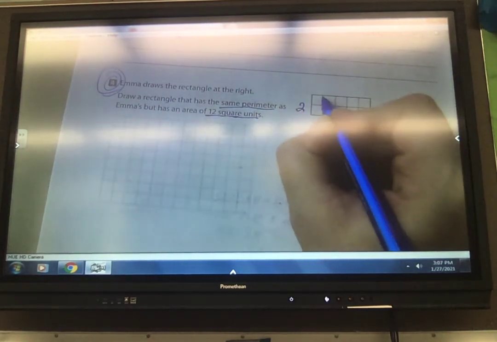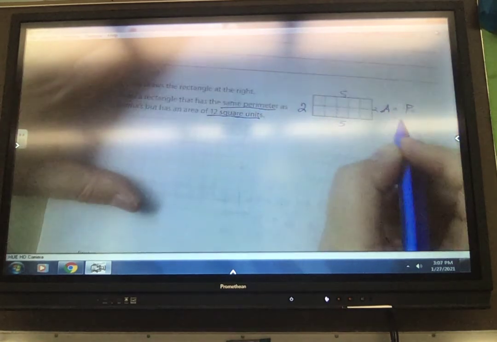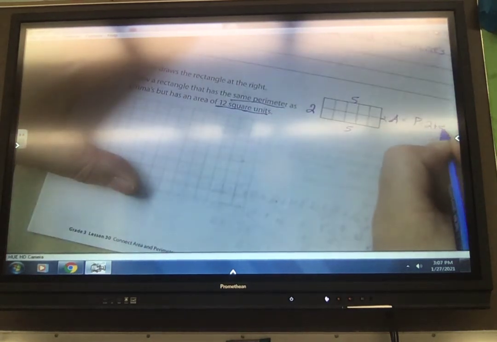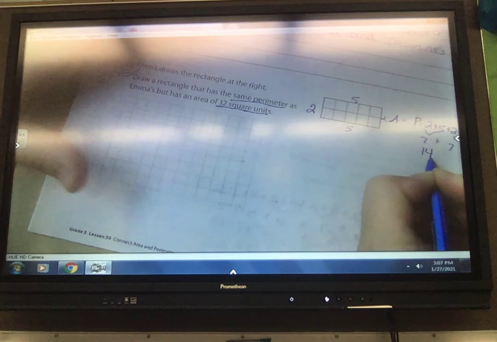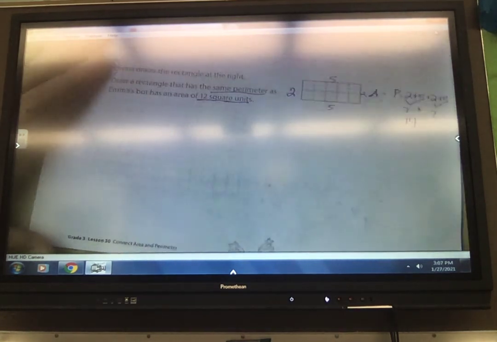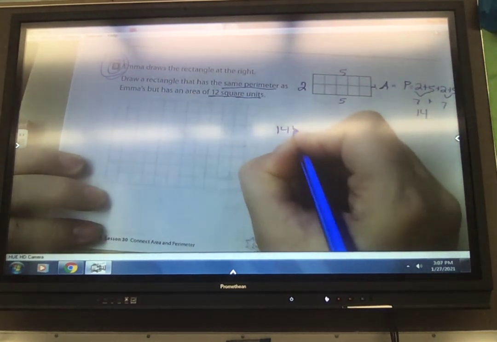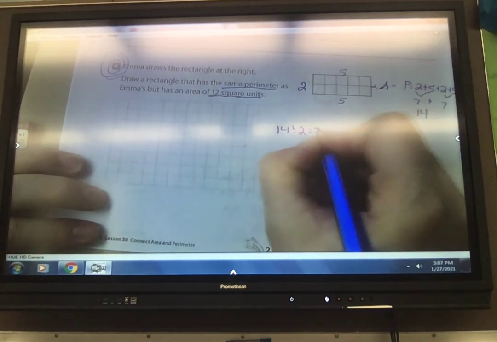So that's 2, 1, 2, 3, 4, 5, 2 and 5. 2 plus 5 plus 2 plus 5. 7 plus 7 is 14. So I have to have a perimeter of 14. Remember, if I want the same perimeter, I take half. So half of 14 is 7.